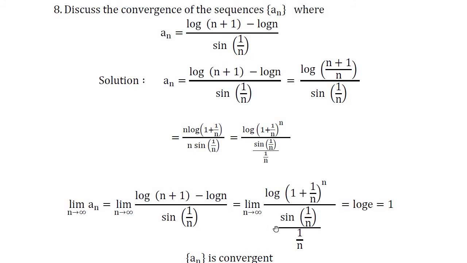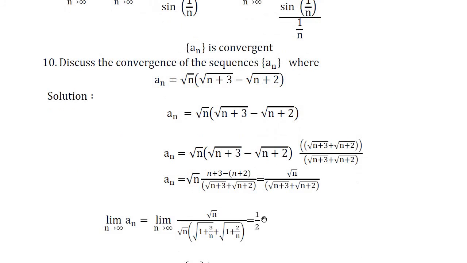As theta tends to 0, its value becomes 1. Here, as n tends to infinity means 1 by n tends to 0. That's why sine of 1 by n divided by 1 by n as n tends to infinity is always 1. Means log e divided by 1, that is equal to log e. Log e value is 1. Hence, the sequence an is convergent.